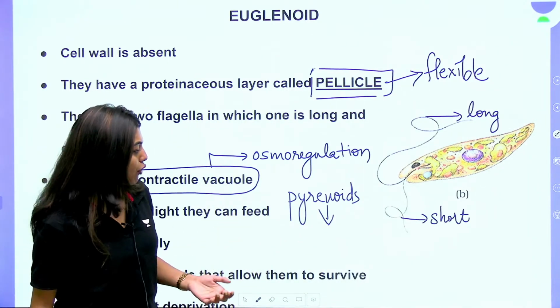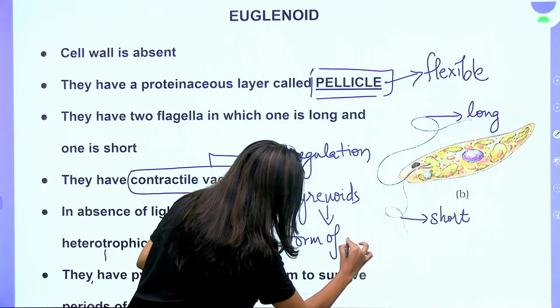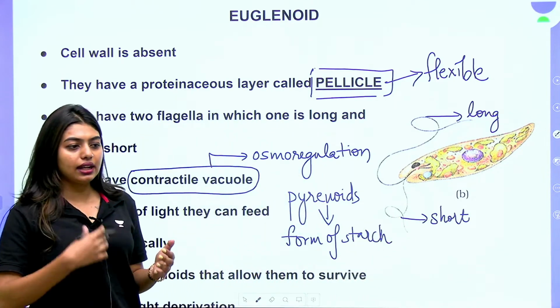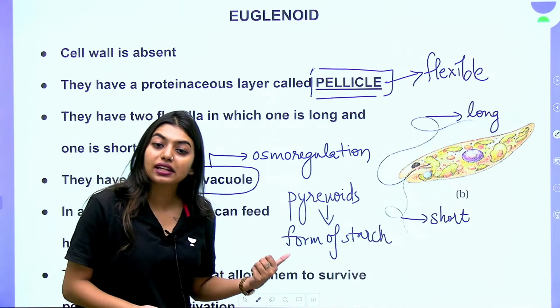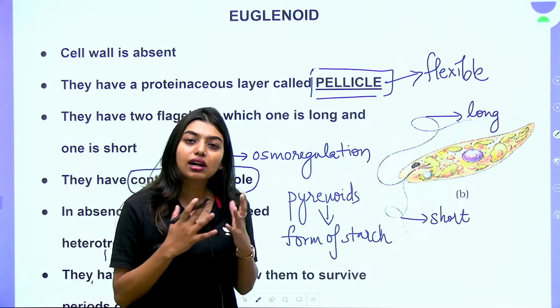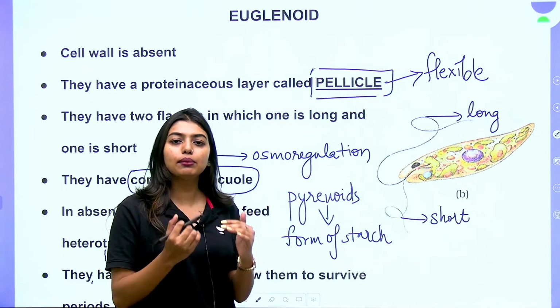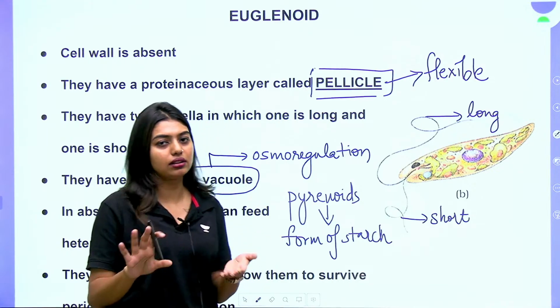It allows them to survive during the condition when they don't have enough light. This starch, the pyrenoids, will help them survive that period of time where light is not there. Got it?